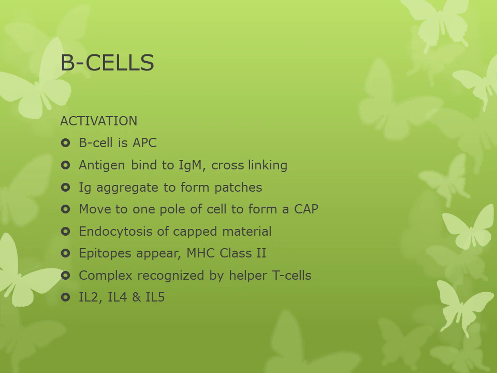When the endocytosis occurs, the antigens are processed and epitopes appear on the surface, and these epitopes are associated with class 2 major histocompatibility complex. This complex is then recognized by a helper T cell, which results in the secretion of interleukin 2, 4 and 5, and these interleukins stimulate the growth and differentiation of B cells.